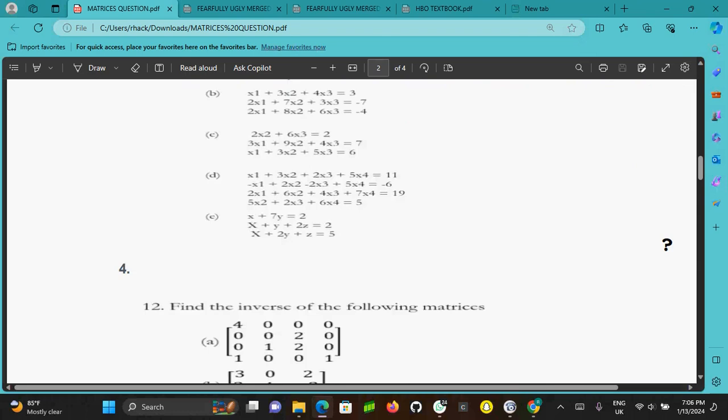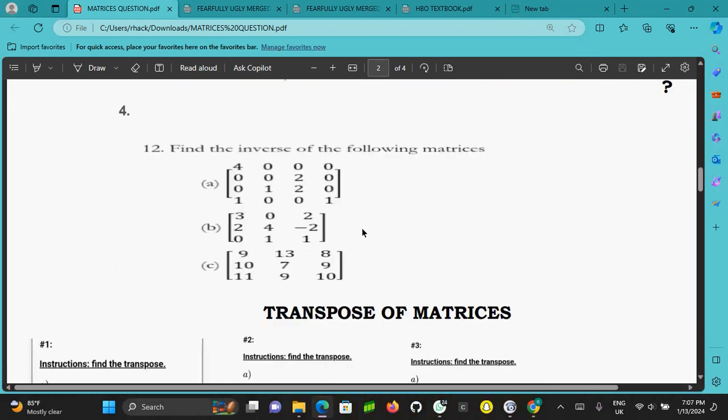So normally, let's start finding the inverse of a matrix. Do you know that we can also solve for the inverses of these matrices? So this one, for example, is 4 by 4.